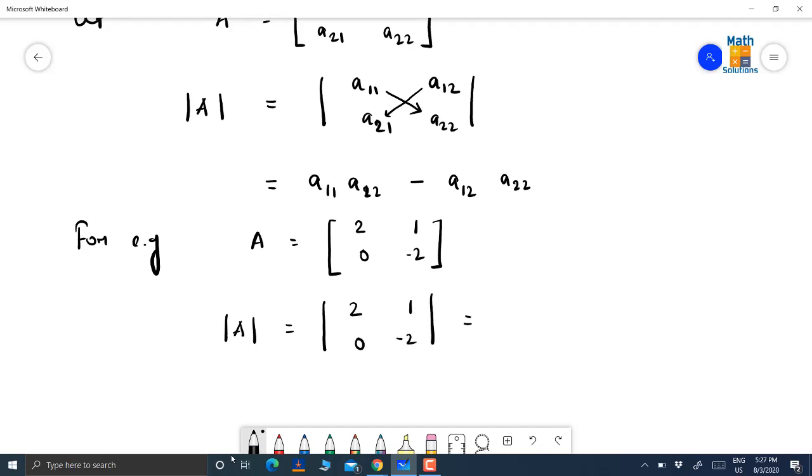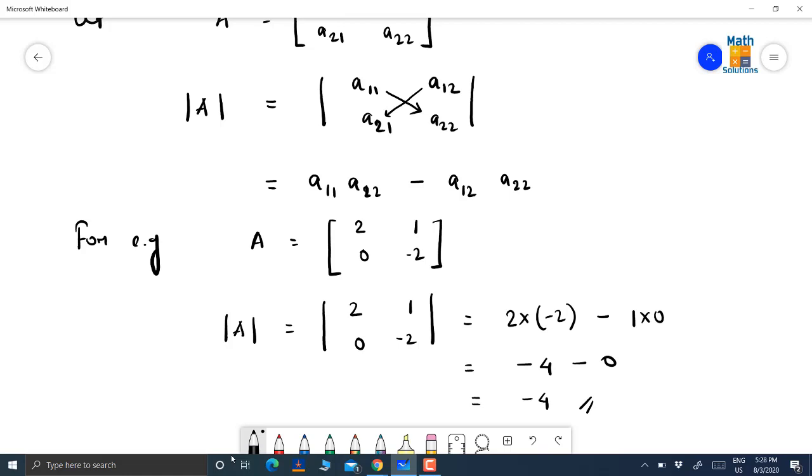This will be 2 into minus 2, minus 1 into 0. The result will be minus 4 minus 0. The answer will be minus 4.